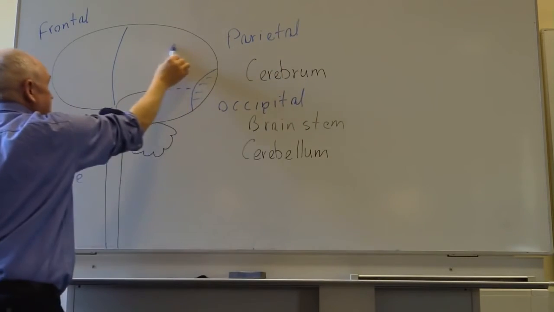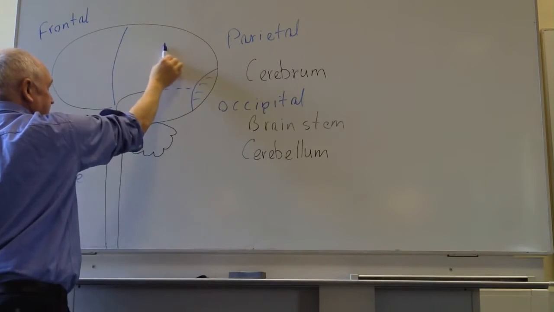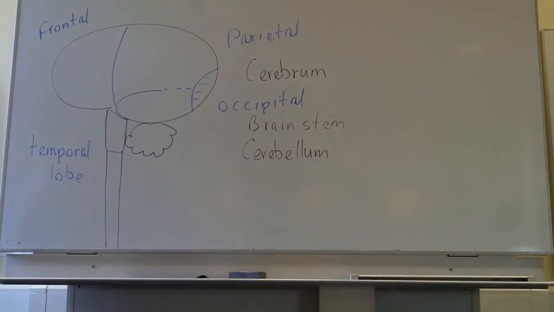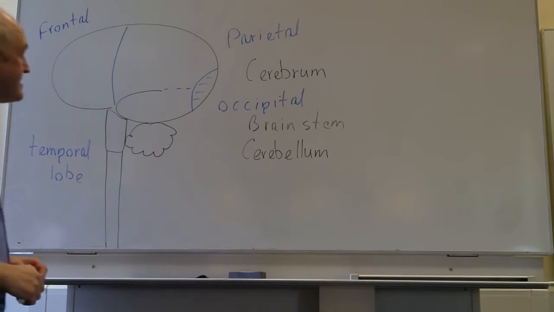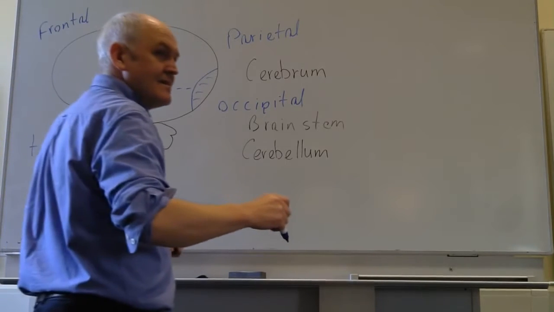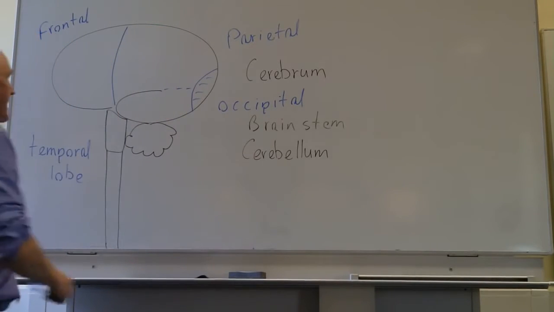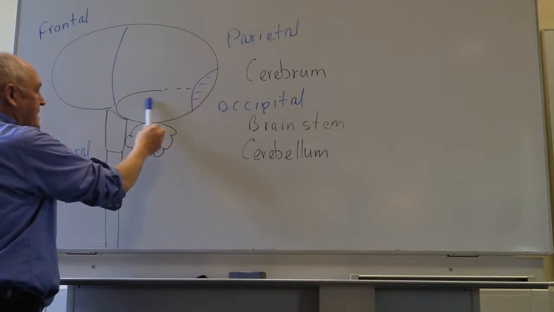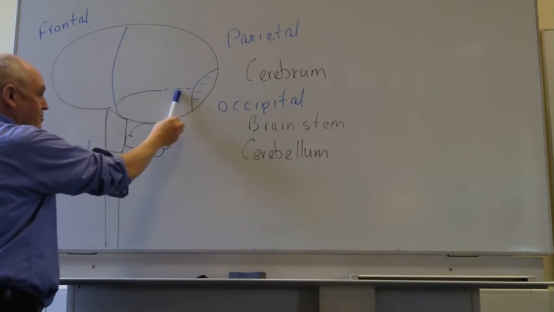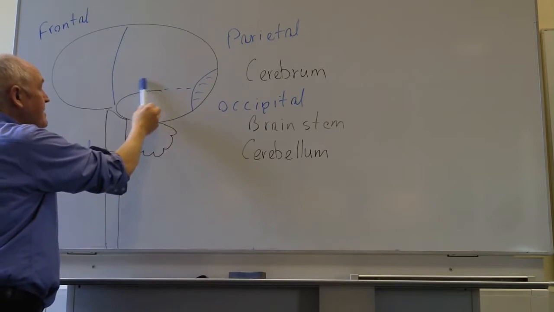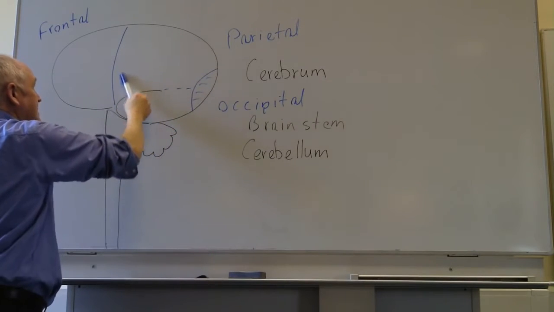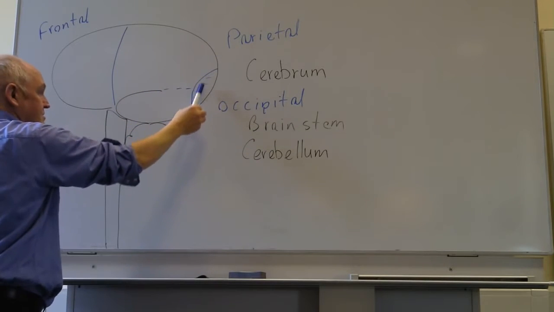So this large lobe on the side is the parietal lobe. What with an A? P-A-R-I-E-T-A-L. Is the temporal lobe next to the occipital? Yeah. That bit there is all temporal lobe. That bit there is all parietal lobe. And that bit there is occipital.